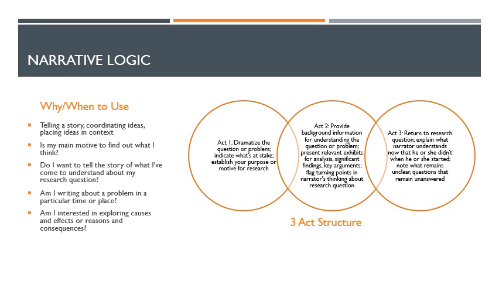Then in Act 2, the body of the paper, you're going to provide background information for understanding the question. You might present relevant exhibits for analysis, significant findings, or key arguments. We also use this time to flag where your thinking has changed.